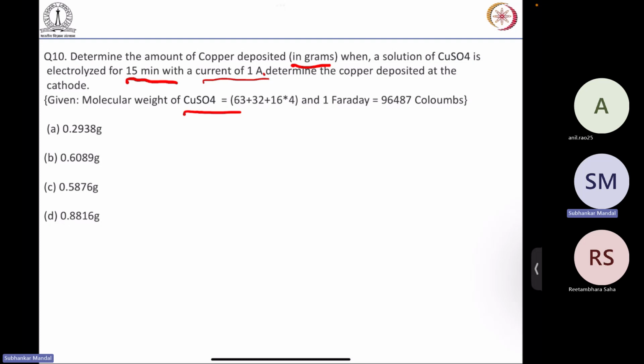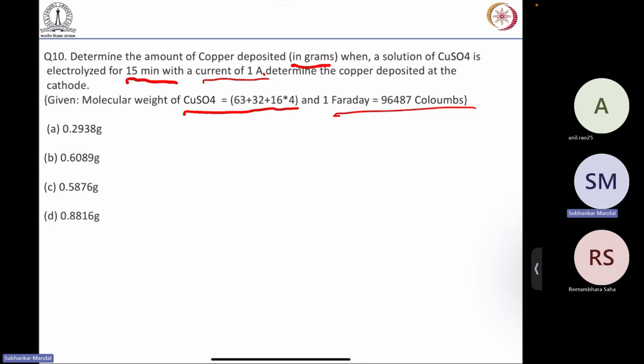The molecular weight is given, and the value of 1 Faraday is given. This kind of question we already discussed, I think in the first or second class.